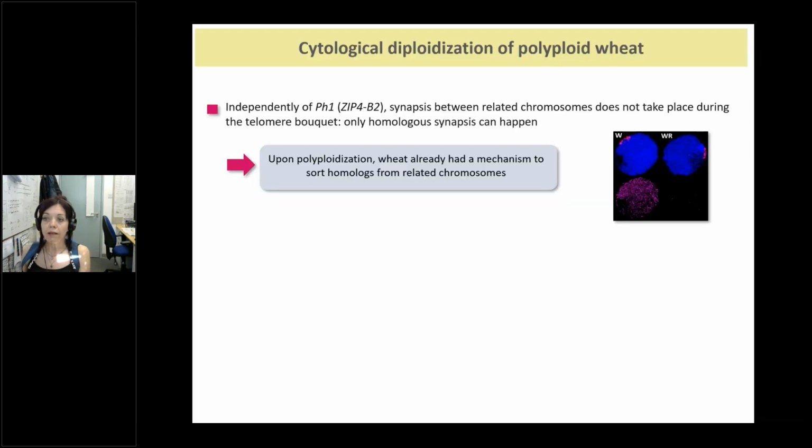So putting everything together, the main conclusion from these cytological studies is that, first, whether or not Ph1 is present, synapsis between related chromosomes is not allowed during the telomere bouquet, which suggests that polyploidization didn't require major changes in the meiotic program. It already had a mechanism in place to sort homologs from related chromosomes.